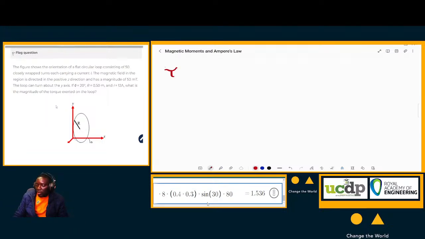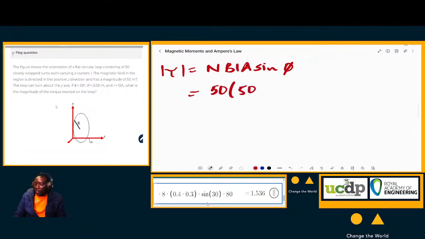So we said the magnitude of torque is N times B times I times A times sine of theta. Or let's call it phi, so that we know we have to look at the angle between the normal to the plane and the field. In this case, N is 50, B is 50 times 10 to the minus 3, I is 12, A is pi r squared, pi times 0.5 squared, and sine of the angle.